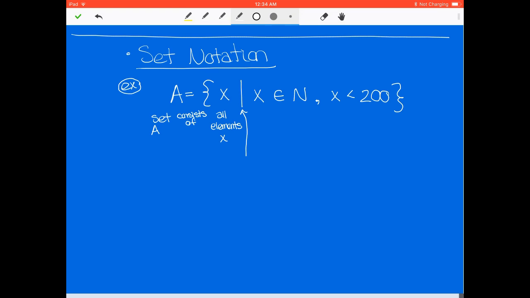This vertical line here represents "such that." And then we would say x is an element of natural numbers. Again, that's what N signifies, natural numbers.